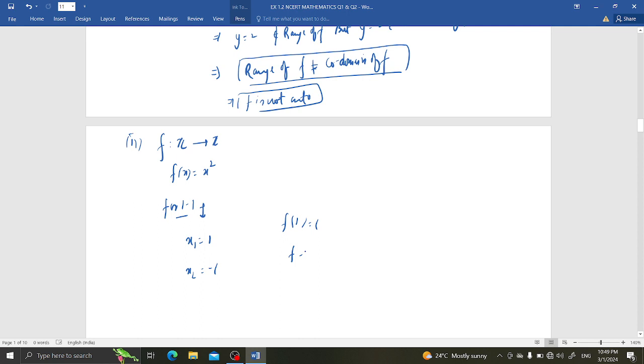f of 1 is 1, f of minus 1 is 1, implies that different elements of the domain have the same image in the codomain.